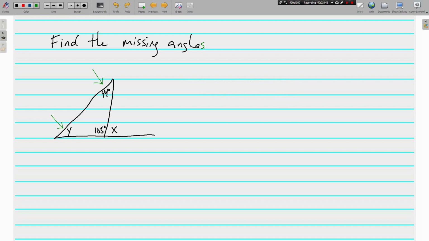One way is we can use the triangle sum theorem to figure out how much Y is. We know that Y plus 44 plus 105 is going to be equal to 180 because there's 180 degrees in the triangle.